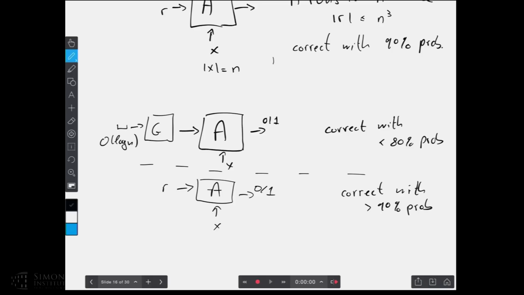Then it must follow that the probability the algorithm outputs 1 here differs from the probability the algorithm outputs 1 there by more than 1/10.